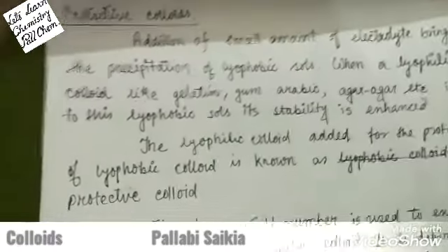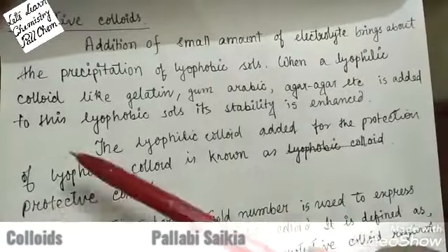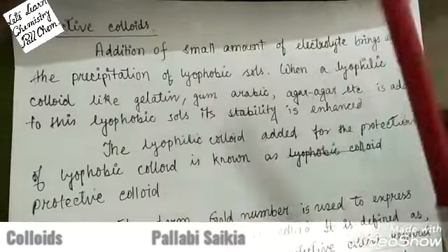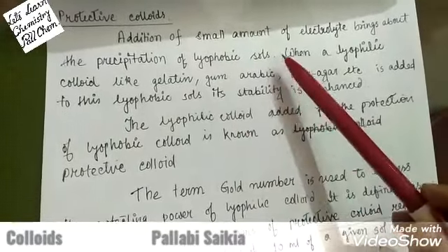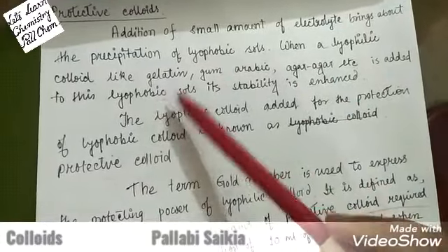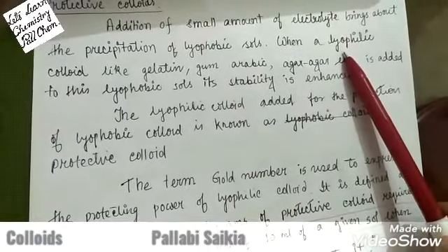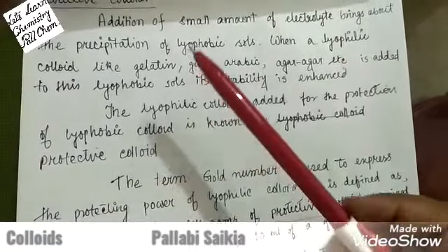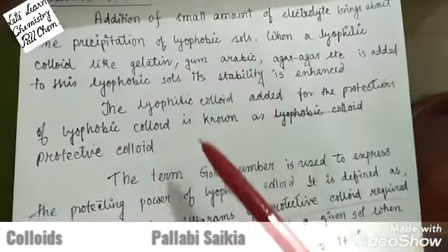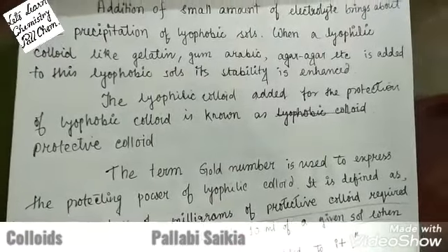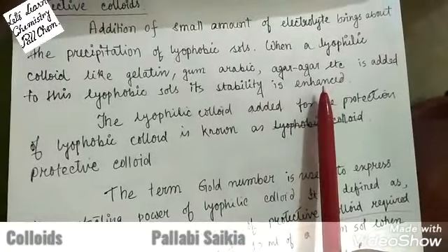Next is protective colloid. As we know, the addition of a small amount of electrolyte brings the precipitation of lyophobic sol. But when a lyophilic colloid is added to the lyophobic sol, the stability is enhanced and the precipitation can be stopped.